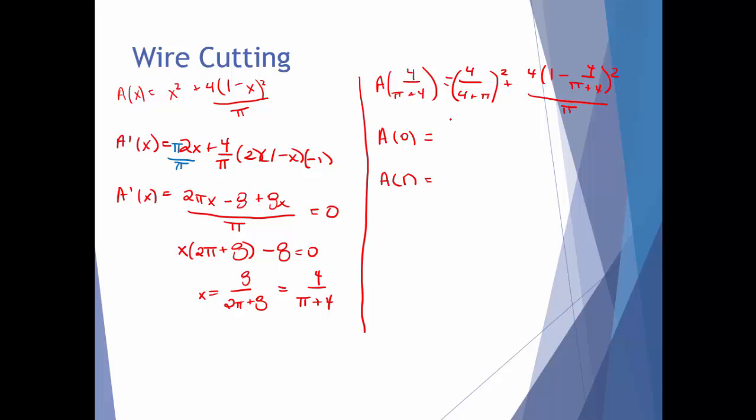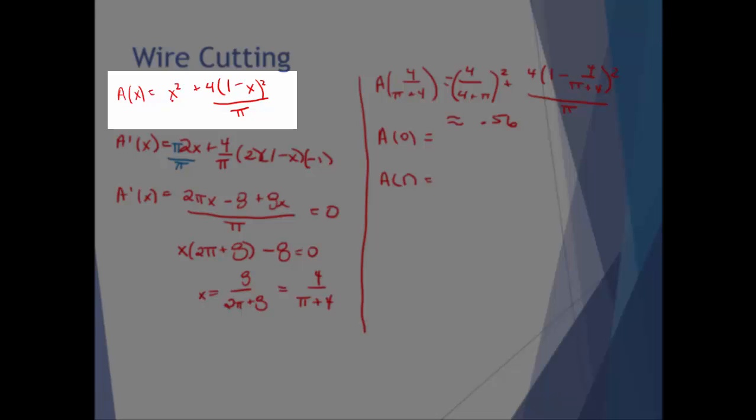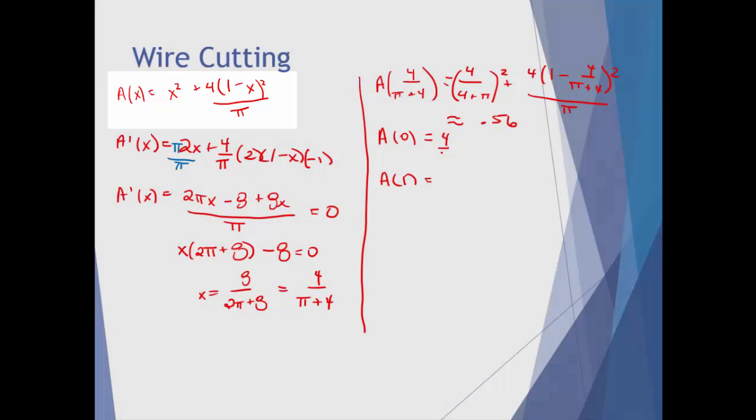It's a big mess, but essentially if you get a decimal approximation for this, it's about 0.56. When you plug 0 into your area function, first term zeroes out, second term becomes 4 over pi. And if you get a decimal approximation for that, that's 4 divided by 3 point something. It's bigger than 1. It's 1.27 about, give or take.